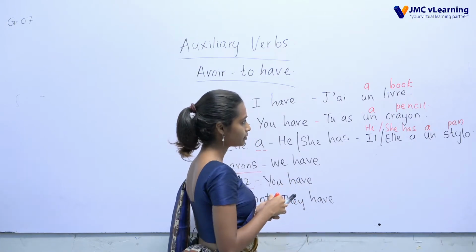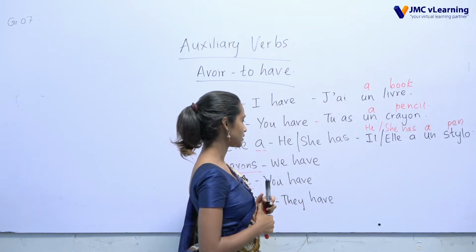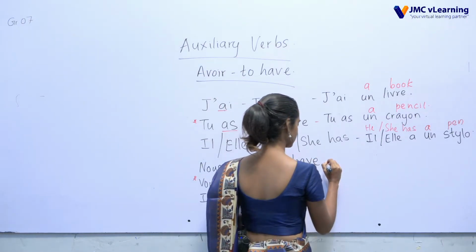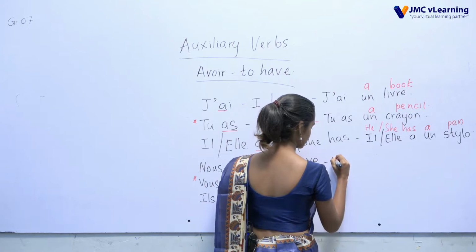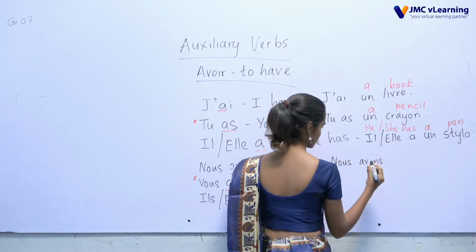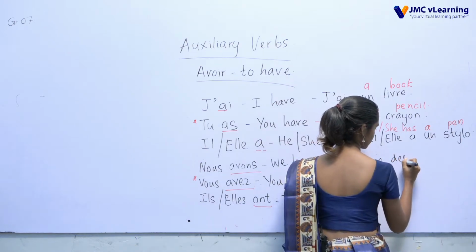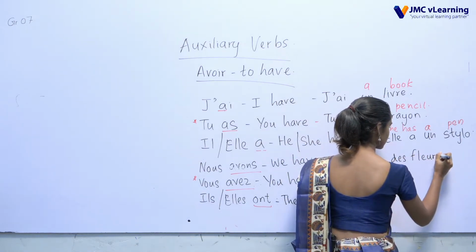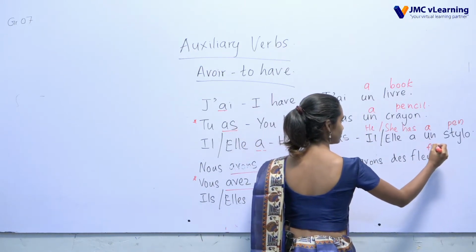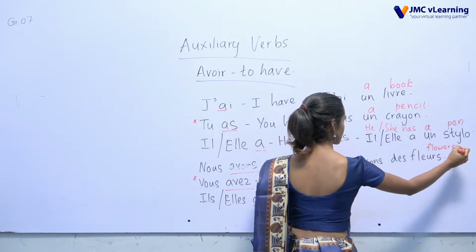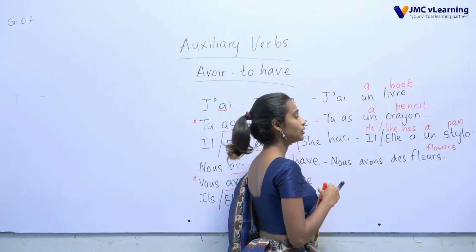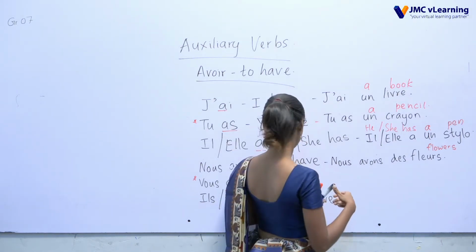We have, what can we say? We have flowers. Nous avons des fleurs.